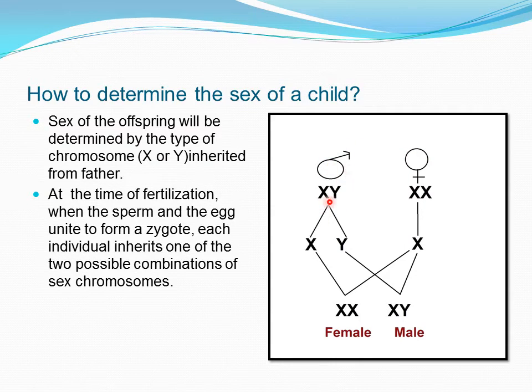Thus, two types of gametes are formed in the male, X and Y, and here X and X. Half of the male gametes, or sperms, carry X chromosomes and half of them carry Y chromosomes, while all the female gametes carry only X chromosomes.